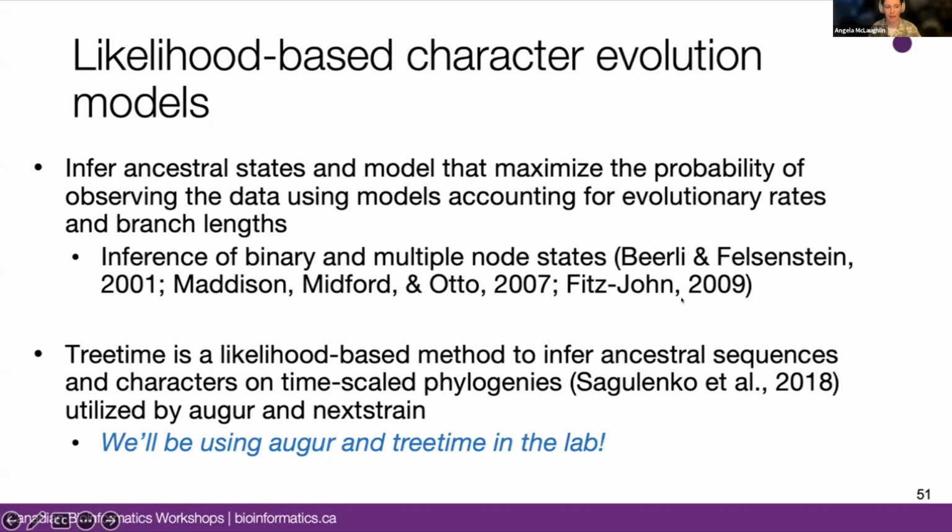And there's a few different methods you can use to apply likelihood-based phylogeography or character evolution models. One of them is TreeTime, and we'll be using this in our lab today through the Augur pipeline. This is a way to infer ancestral characters as well as ancestral sequences on a time-scaled phylogeny. Another method that I have used in my own analyses is through the R package ape.